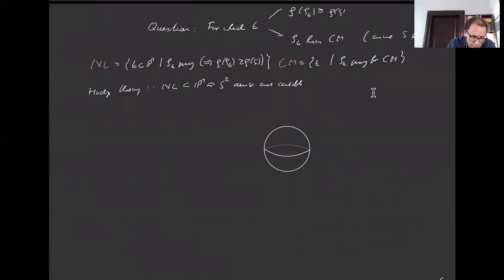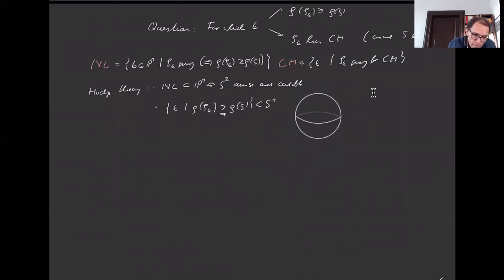And there's a curious observation saying that a priori it could happen that the Picard number of a fiber not only jumps to rho of S, the Picard number of the original K3 surface, but jumps higher than that. So the set of all those fibers where the Picard number is even bigger than that of S turns out to be contained in a sphere in the equator. So this is the equator here.